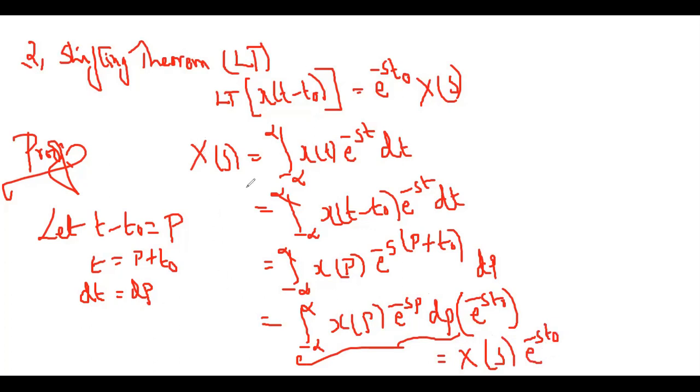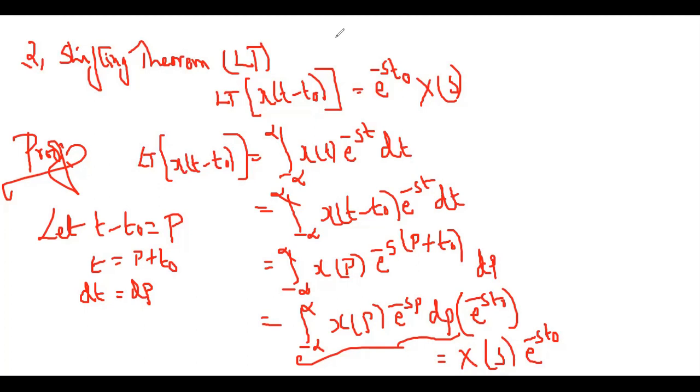So don't think that X of s is equal to X of s and cancel this one. X of s is nothing but here you have to take the Laplace transformation of x of t minus t naught. So directly I substitute the x of t minus t naught there. Understood?